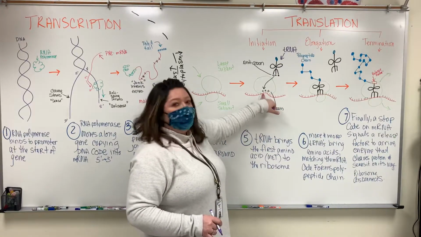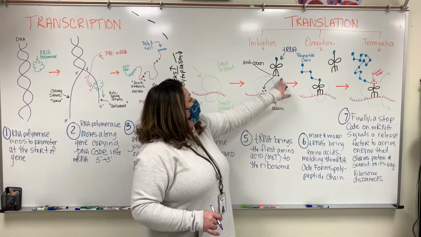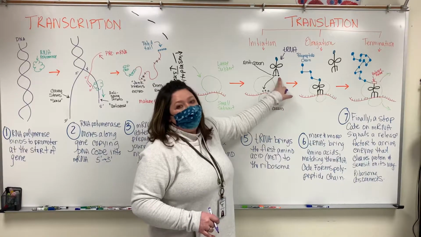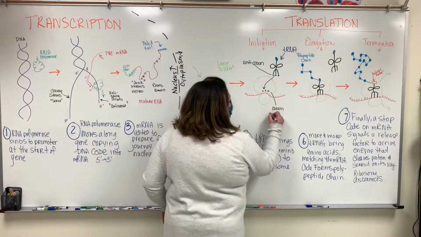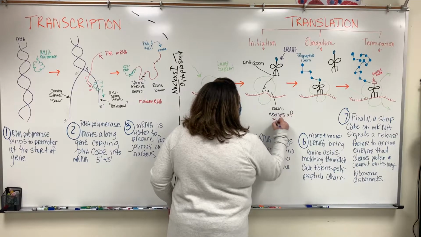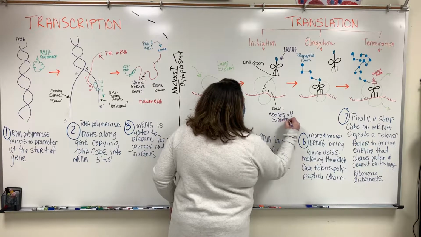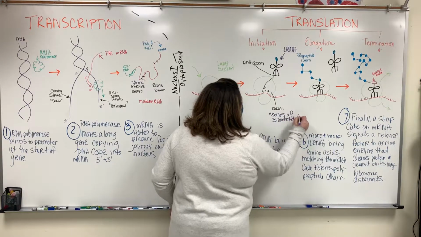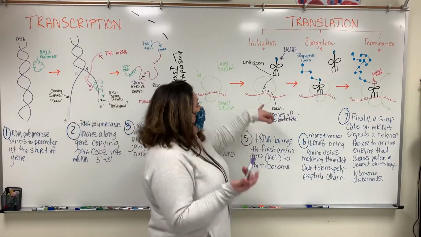So here's the codon on an mRNA strand. This is what we call an anticodon. It's basically the one that matches it. So a codon is a series of 3 nucleotides. Every 3 is a codon, and it's a code, it reads it.